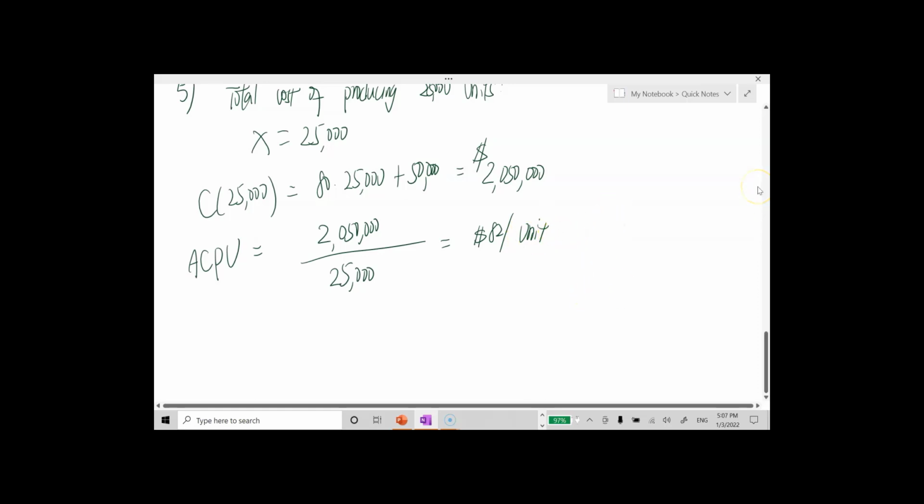And the average cost per unit function, we represent as A of x equals total cost C of x divided by x units. So C of x will be 80x plus 50,000.